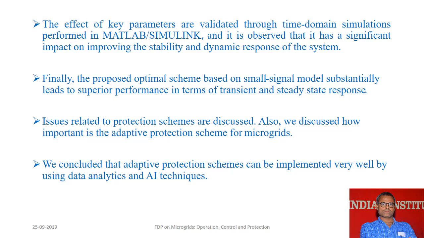We also discussed issues related to protection schemes in a microgrid and how important adaptive protection is for the microgrid. And we concluded that the adaptive protection scheme can be implemented very well by using data analytics and AI techniques, the basics of which we'll cover in this course.